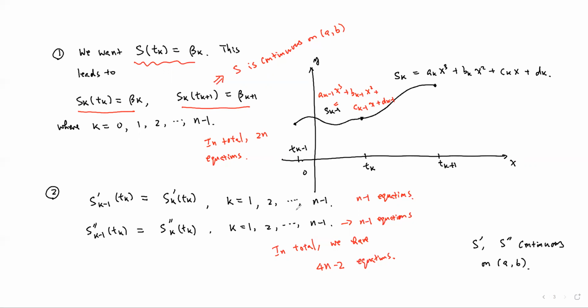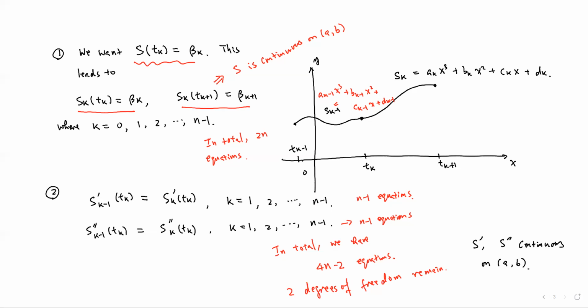We have two degrees of freedom remaining. What does it mean? It means that two of the 4n coefficients can be assigned values arbitrarily.